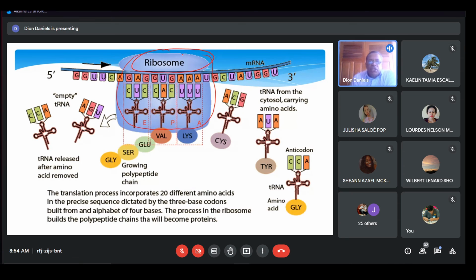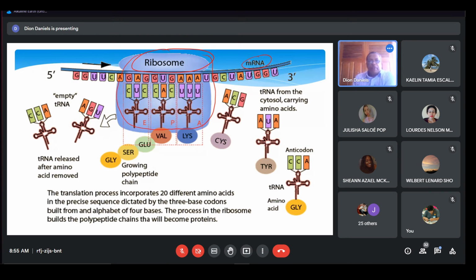And you see the messenger RNA coming in, and it comes with a coded message with these letters A, G, C, and U in different order, different sequence.